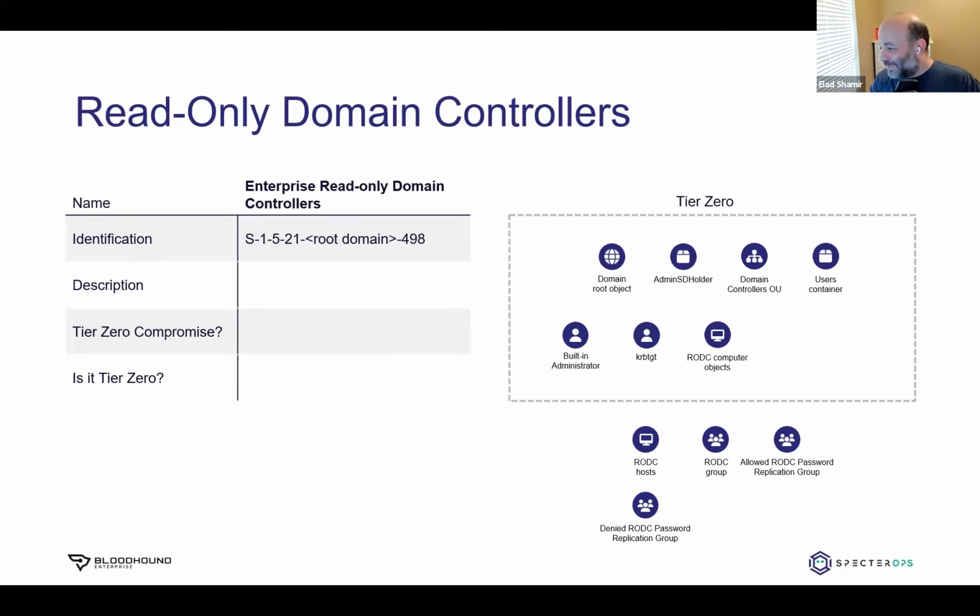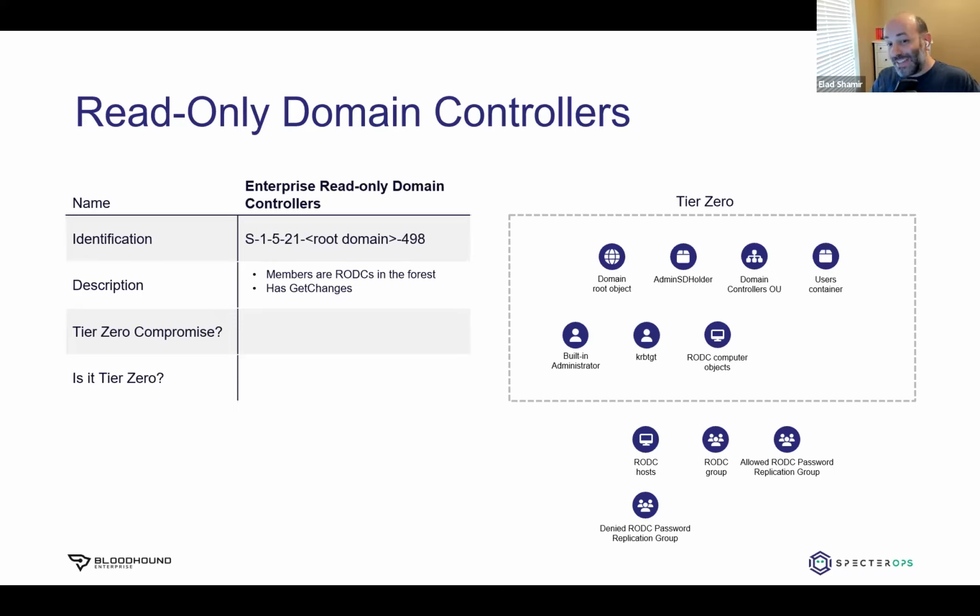Okay. Next one is the enterprise read-only domain controllers group. This group contains all the RODCs in the forest. It grants its members the get changes permission on the domain.